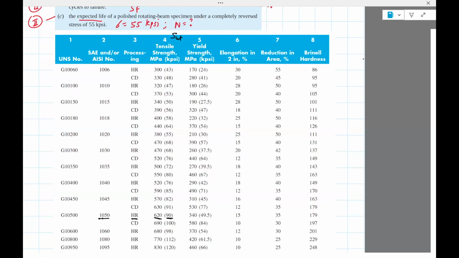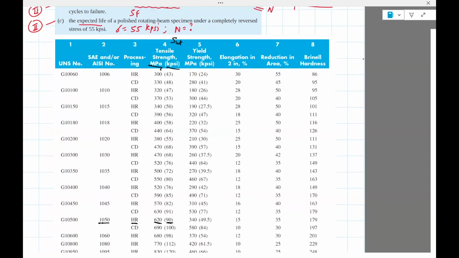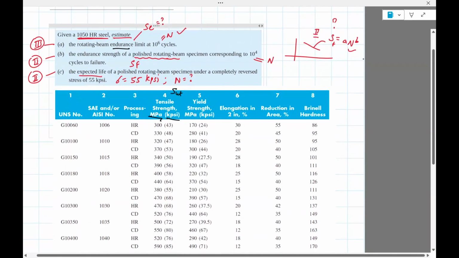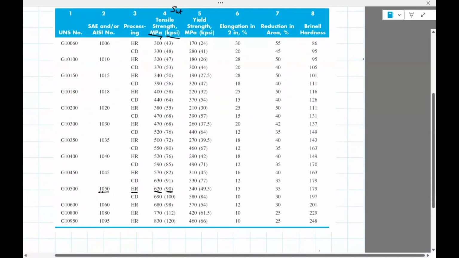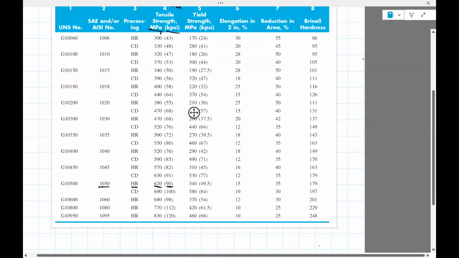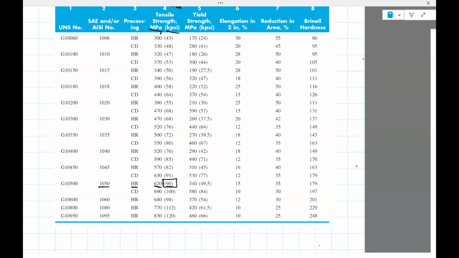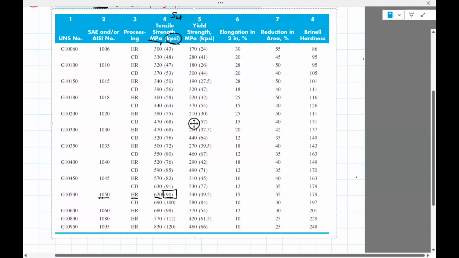So we have two values here. One is in MPa, which is in SI units. One is in IPS, kpsi. The question is, which of those two should we use? Well, we have something in here in kpsi, so I'm inclined to use the kpsi value, 90 kpsi. Let's use this value because I think that eventually we want to solve everything in kpsi and not in SI units.